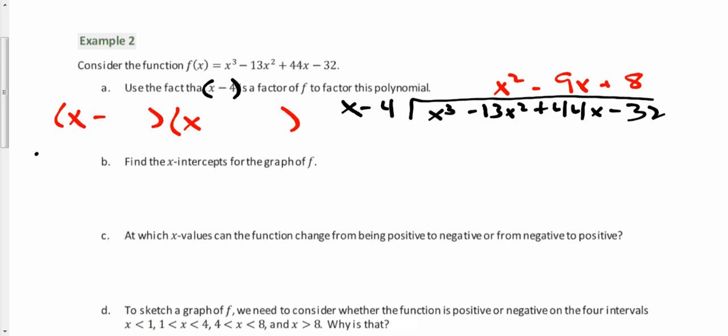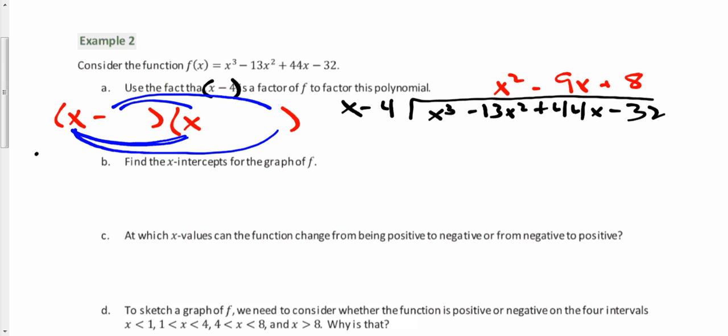Remember, when I multiply these things together, I do first times first, outer times outer, inner times inner, and last times last. And I add those all together. Now, the first term, x squared, is a result of this guy right here, right? So I get x times x.